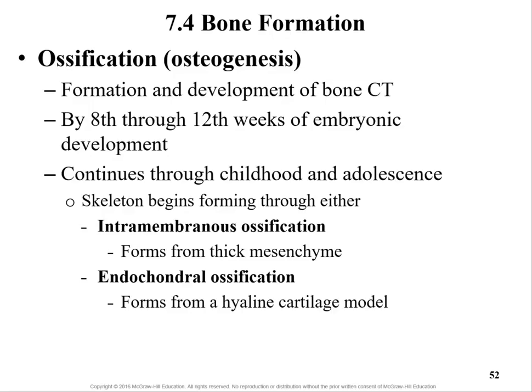There's intramembranous ossification and there's endochondral ossification. Intramembranous ossification is where the bones form from thick mesenchyme. Endochondral ossification, which we'll talk about more in detail, is where bone forms from a hyaline cartilage model.